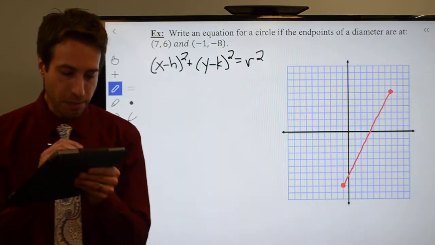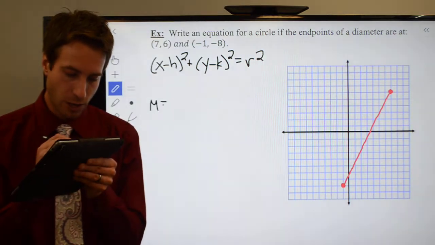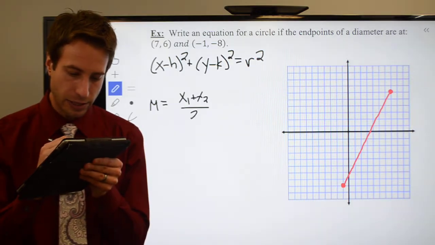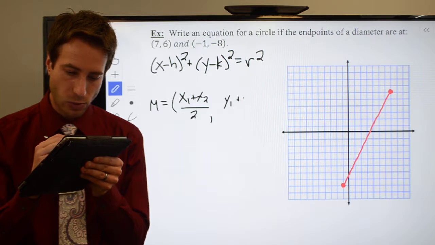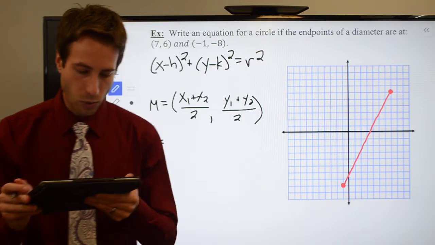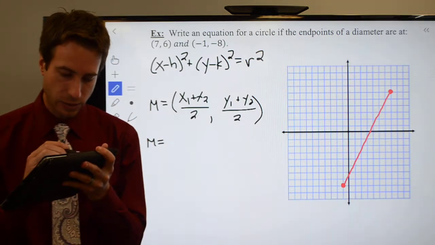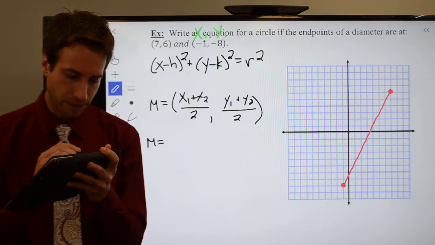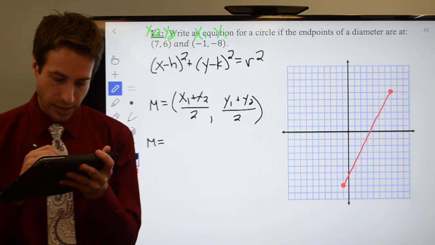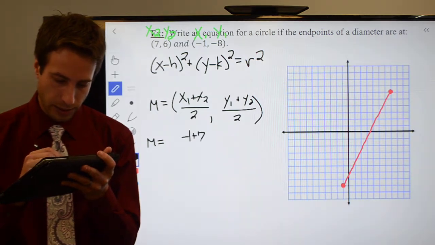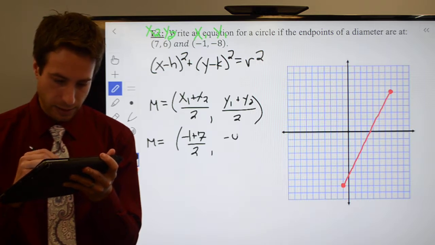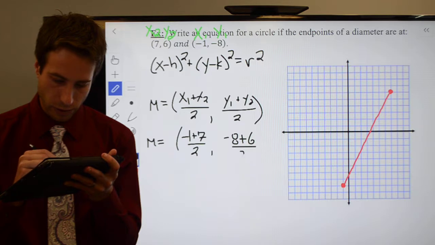Here we go. Midpoint first. Remember, the midpoint is (x1 plus x2) divided by 2, and (y1 plus y2) divided by 2. So here's what we wind up with: -1 plus 7 over 2, and -8 plus 6 over 2.